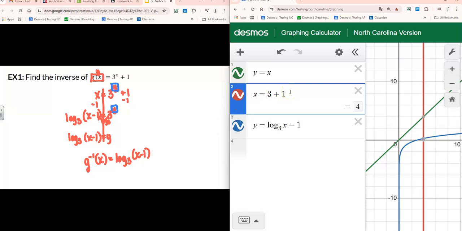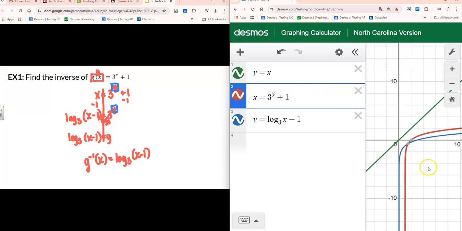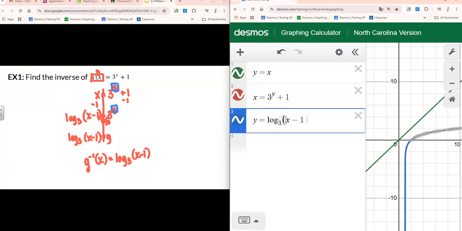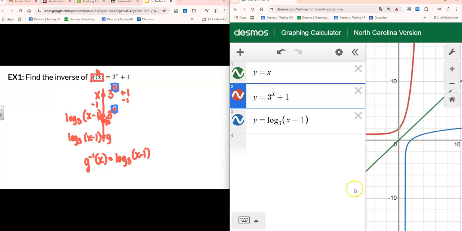Oh, sorry, that's not an exponent. Like that. Are those the same? If you switch it, they're not. So that's not the right answer. But if I put parentheses around this, then they do match up. There. So the graph is not foolproof, but it helps.